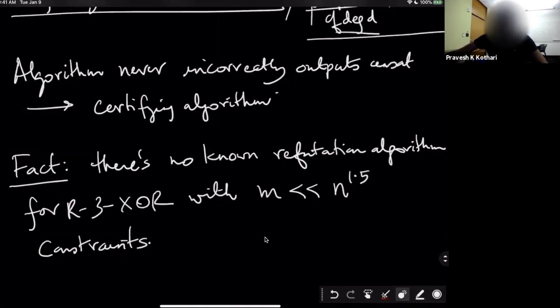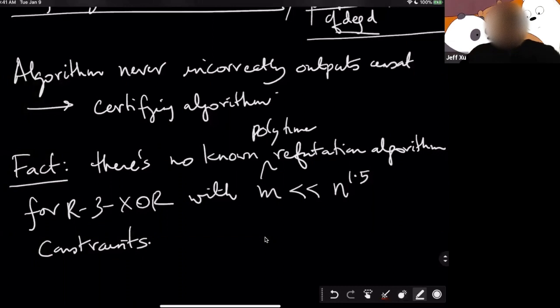Well, not so. The fact here is asserting something in terms of what we know about all refutation algorithms, not just sum of squares. It's saying that there is no known polynomial time refutation algorithm for, let's say, random 3XOR when the number of constraints is asymptotically smaller than n to the 1.5.